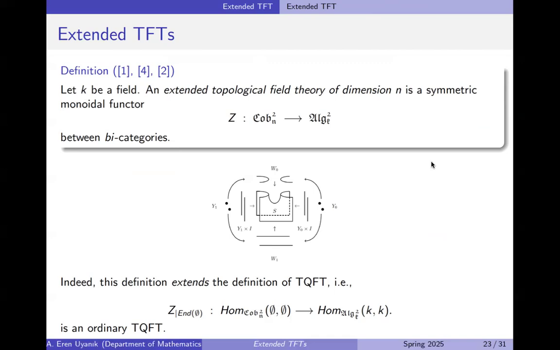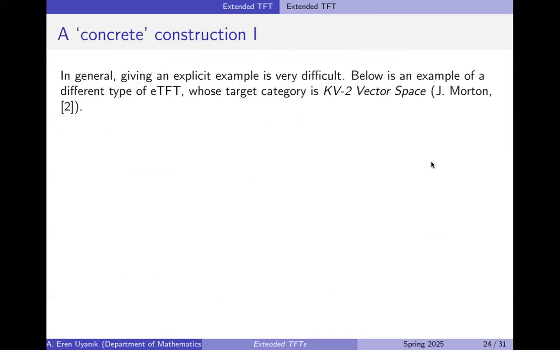So this becomes the ordinary cobordism category, and this is just the vector space category. Okay, so this is indeed an extension of our original ordinary definition. Okay, how much time do I have? Still we can have more.